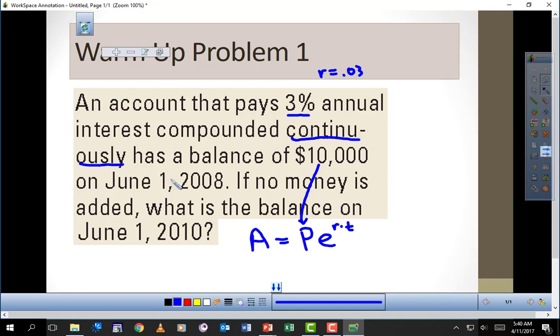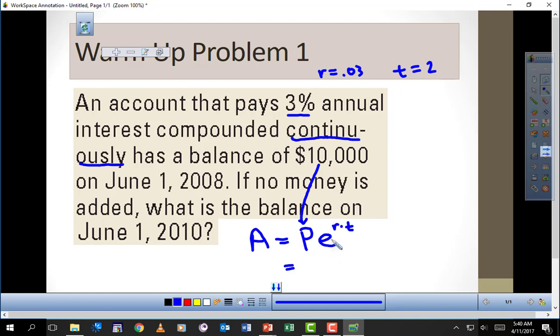And then how much time are we doing this for? If we go from June 1st, 2008 until June 1st, 2010, that looks like time is 2. So the time is for 2 years. And so that goes in here. And so basically you plug those numbers in.